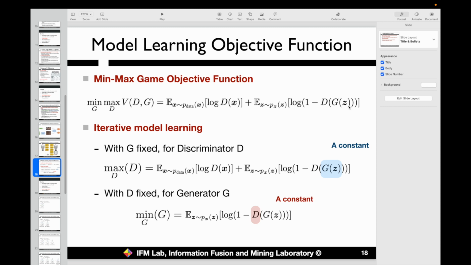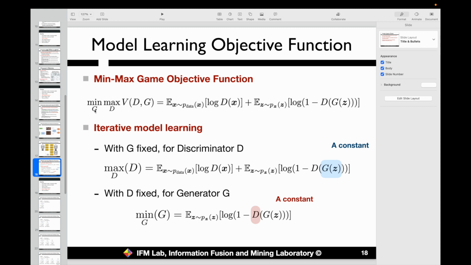The G(z) will be the fake image we feed into the discriminator. However, for this one, we want to minimize its score, right? Therefore, we can define its score as 1 minus D(G(z)). So by maximizing this term, in other words, we minimize the score for the discriminator on the fake image instances. We have 1 minus here. This is how we look at it from the discriminator perspective. Right? And how about the generator?